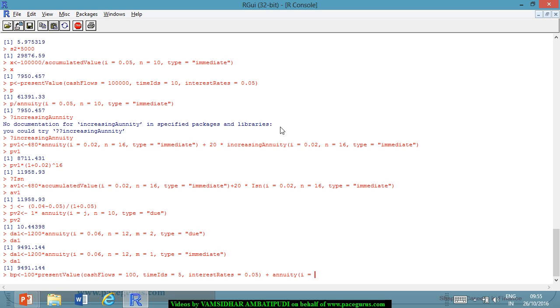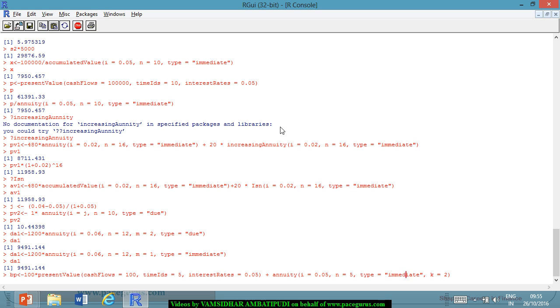For this annuity, my I value is 0.05 and N is 5 years. Type is immediate because the payments are being made at the end of the period, not the beginning. K, I will set equal to 2 because the payments are being made twice a year.